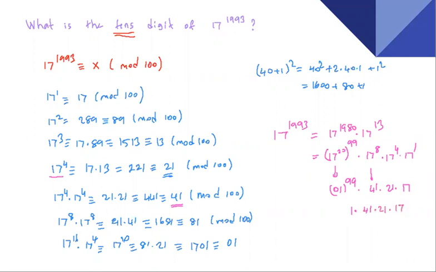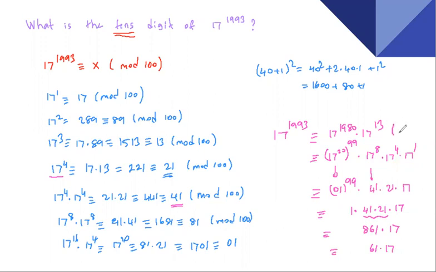So you can just go ahead and multiply these with a calculator, or just multiply any two. So if you multiply 41 by 21, this guy will be 861, times 17. So if you take mod 100, that's 61. So again, these are all congruent to each other. Okay, so that will be congruent to 61, and times 17.